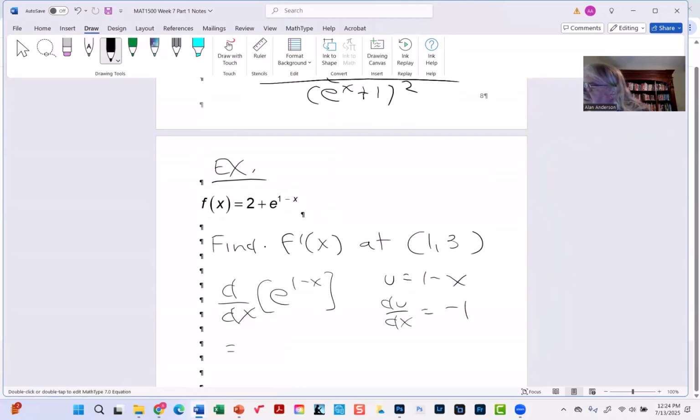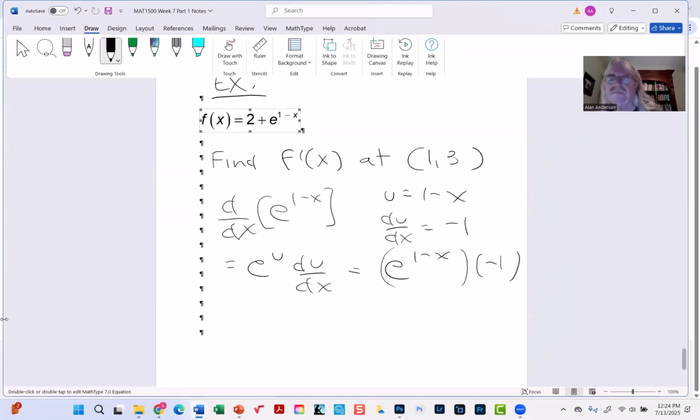So this is going to be e to the u du dx, e to the 1 minus x times negative 1.